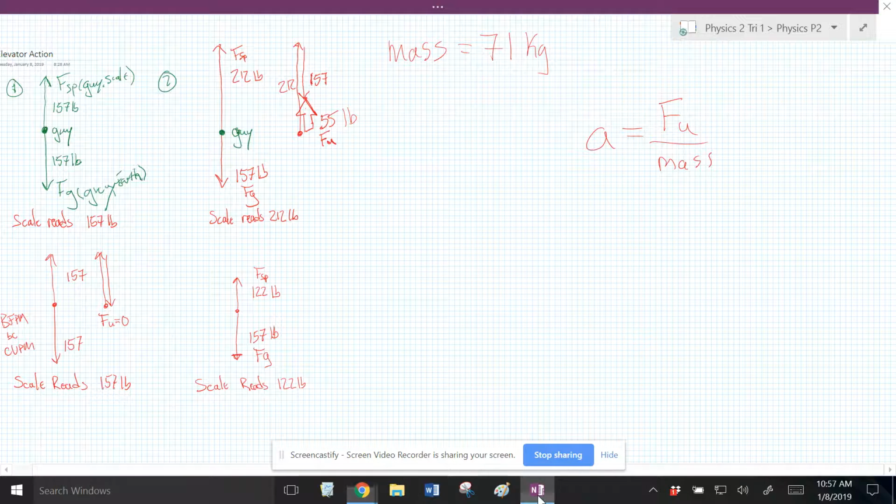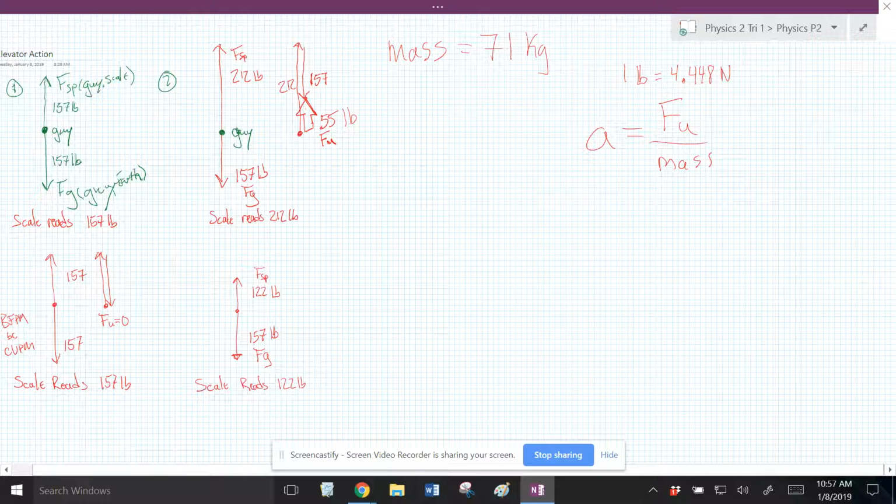All right, there's 4.448 newtons for 1 pound. Oh man, the tip on this thing is just about to break off. That's going to get really sad.